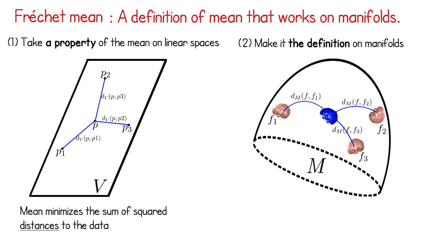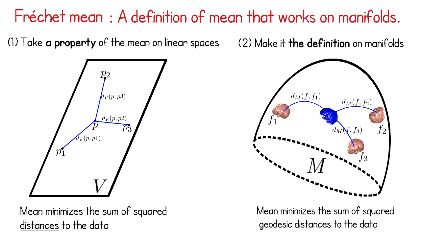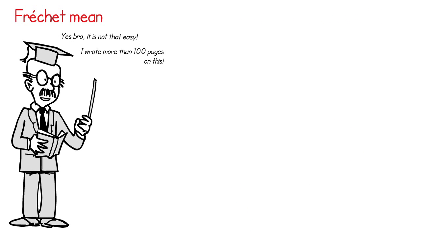So, on manifolds, he defined the Fréchet mean as the point realizing the minimum of the sum of the squared geodesic distances to the data. Wait, geodesic distances? Yes, to compute the Fréchet mean on SE3, you need geodesic distances.